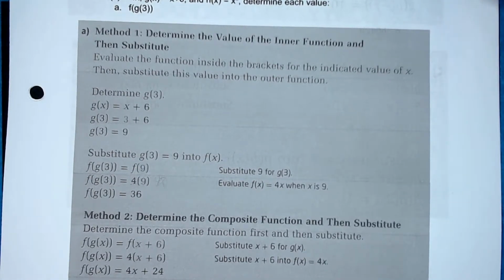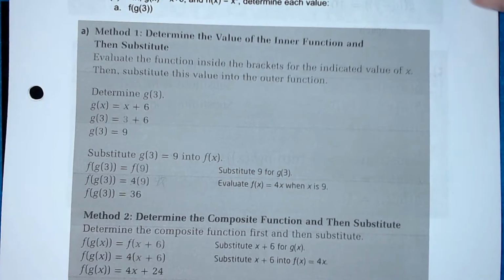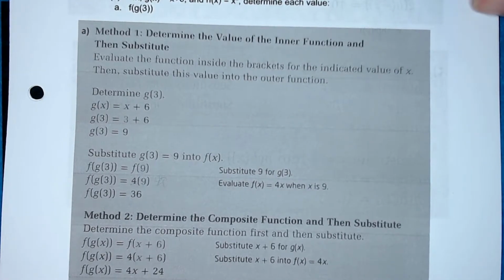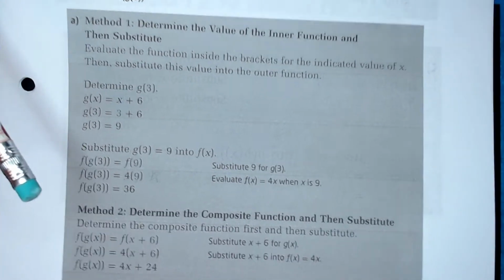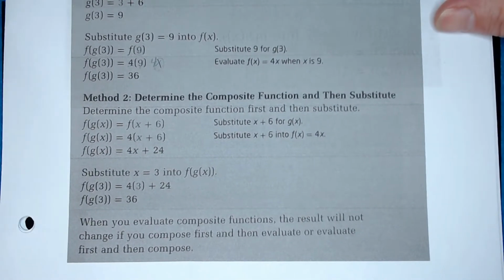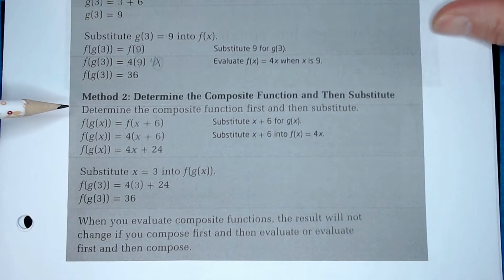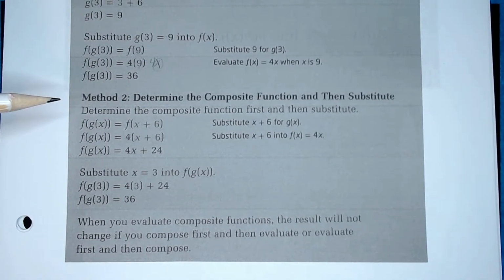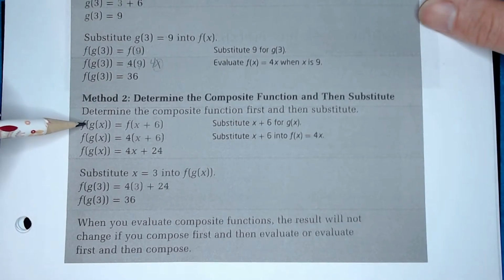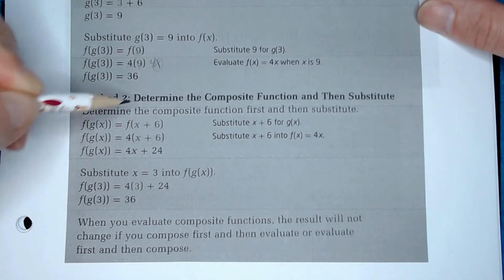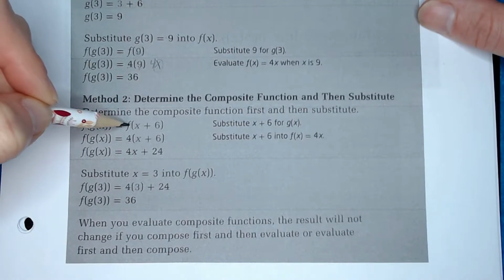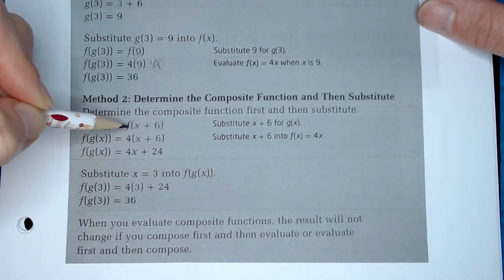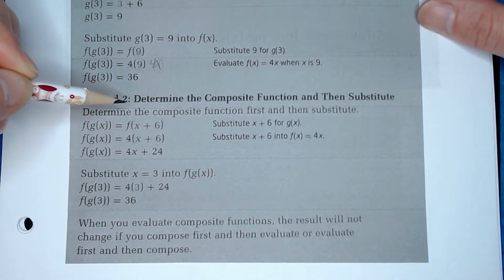So there's not really a ton of extra work. You just have to remember to insert that function wherever there's an x in f of x. Now, the other thing that we can do is solve the composite function first and then substitute the value in. So we have f of g of x. What we're saying is f of x plus 6, because that's what g of x is equal to.